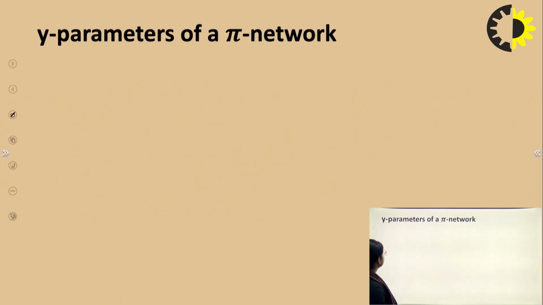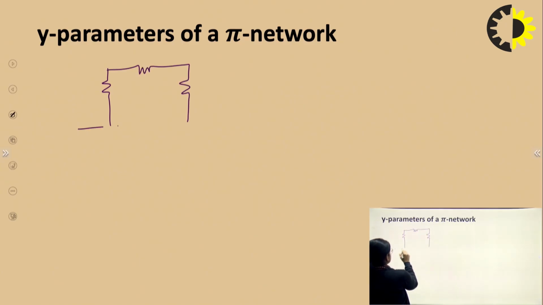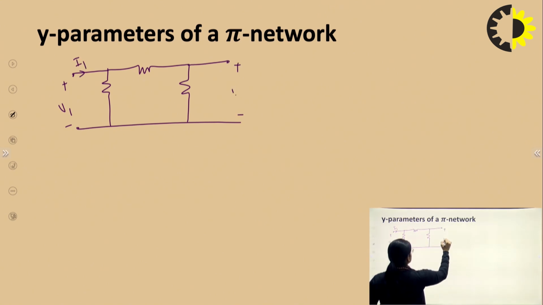Further, now we need to calculate the Y parameters of a pi network. So, this is a pi network, input port, and this is port 2, output port.